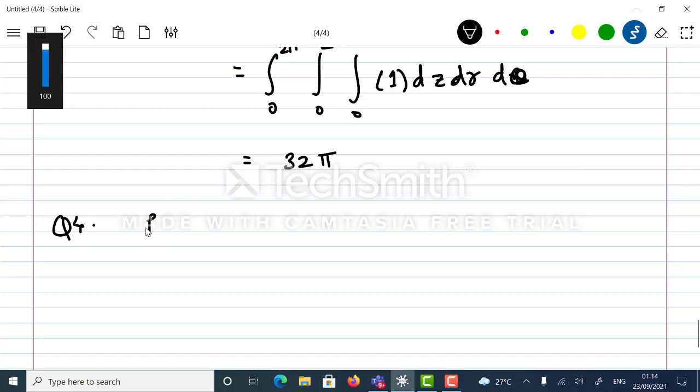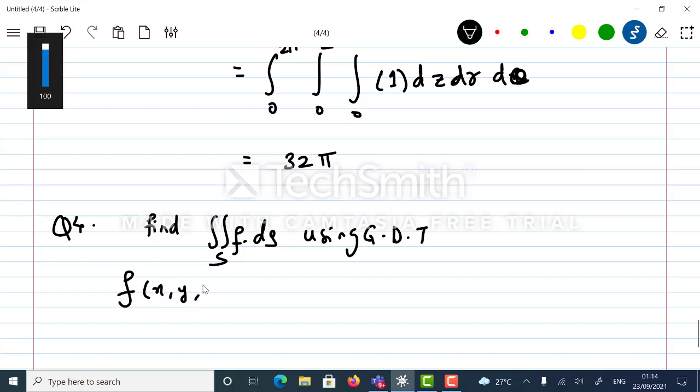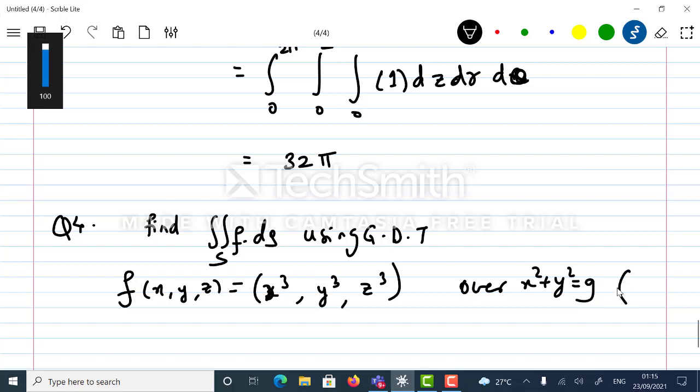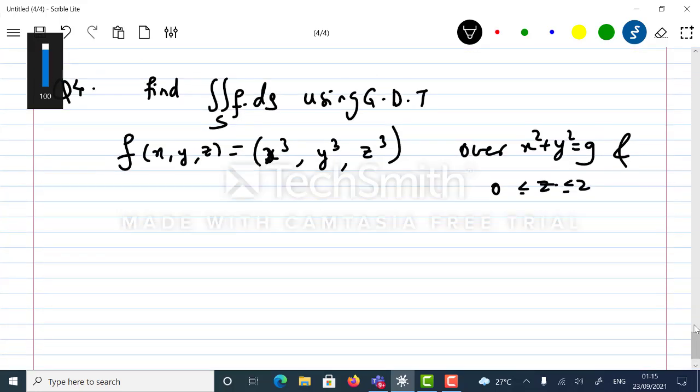Find the surface integral of F·dS using Gauss divergence theorem, where F is given to be (x³, y³, z³) over x² + y² = 9, and z between 0 to 2. This problem is similar to what we had in a previous class.